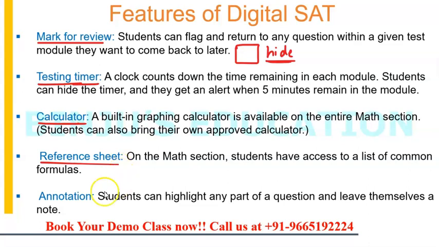And the next thing is you can do annotations on the screen if you want to underline some part, mark something for review, or highlight something for re-examining the question or the statement. You can do all those things on your screen itself. And you can highlight something and then leave a note on top of that. It's like how we work in a Word document.